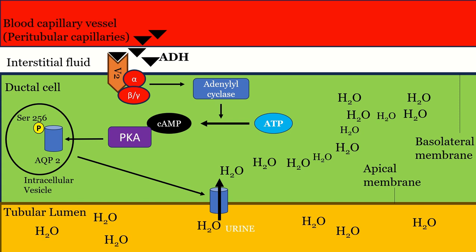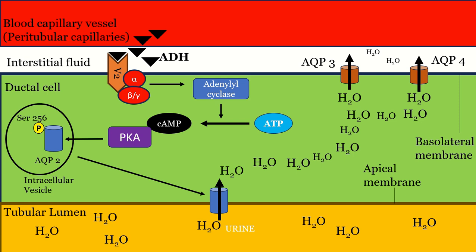Once it reaches the ductal cell, from the ductal cell it will again move into the interstitial fluid. This interstitial space is hyperosmotic in character, meaning the osmotic balance is very high here.